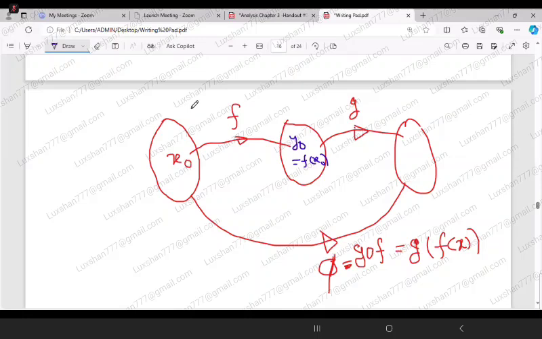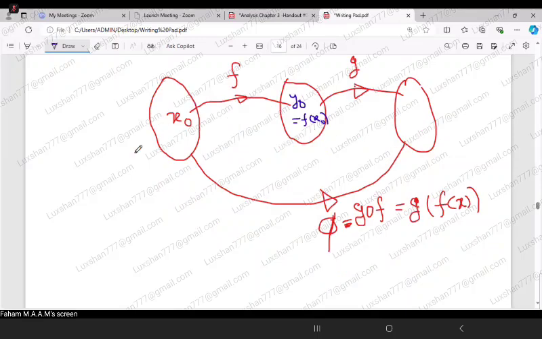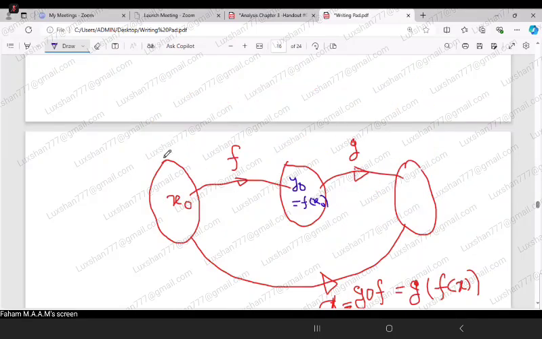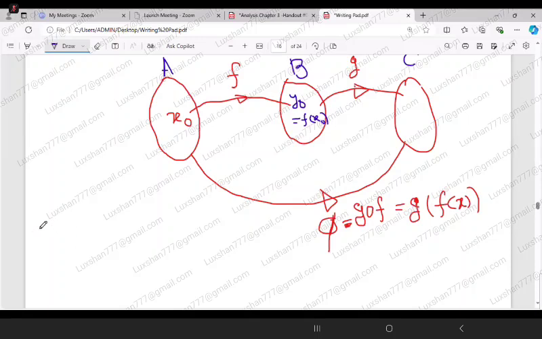Now look at here. What is the domain? Say for an example, this is the domain. We have A, B, C. So what is the domain of function f?